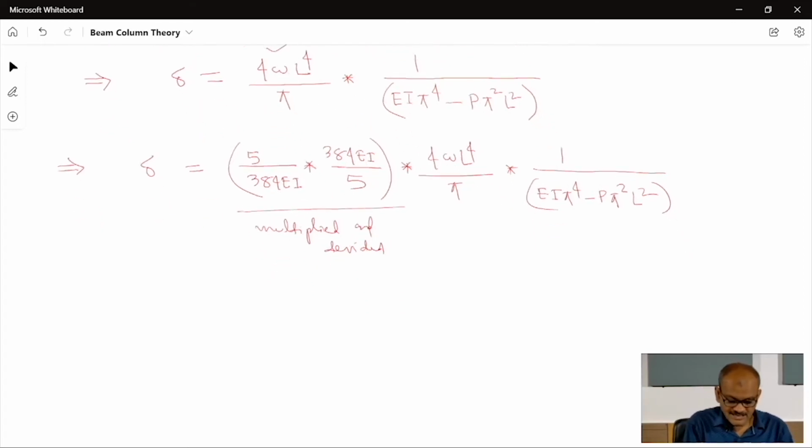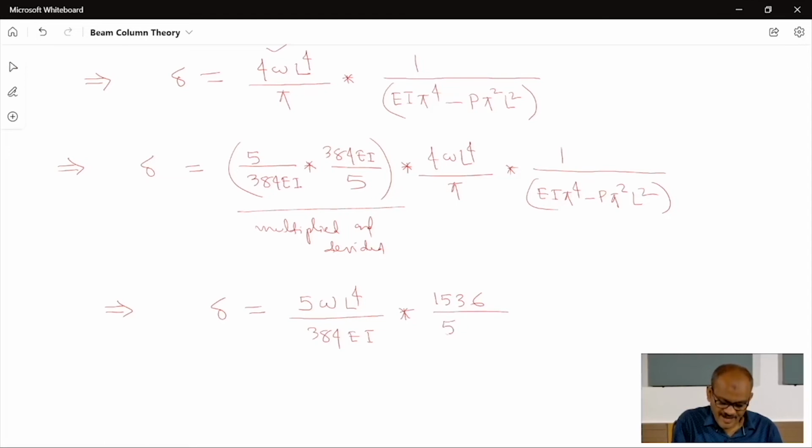So this delta you can write as 5 W L to the power 4th divided by 384 EI, multiplied by 1536 divided by 5 pi to the power 5, and that will become P by PCR.